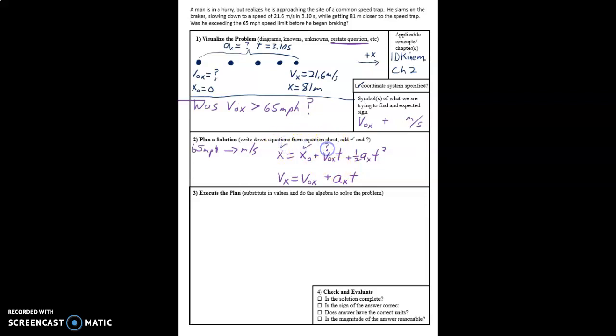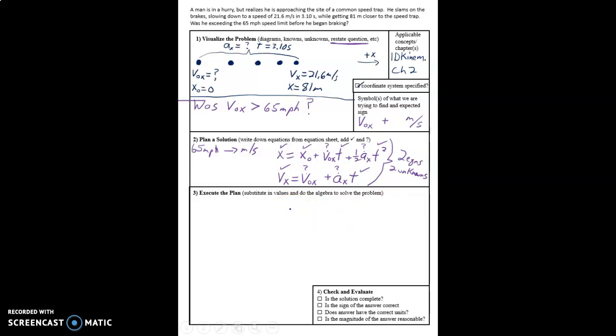We don't know v naught x. We know time. We don't know the acceleration. We have two unknowns in there. And then we look at this equation. We know this, and we know the time, and we don't know these two things. So here we've got a system of two equations and two unknowns. So we could solve the problem this way.